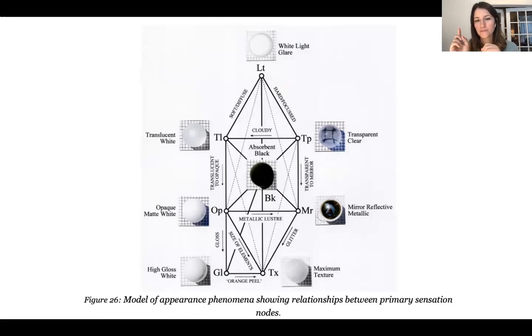And then transparency to cloudy, full opacity, like opaque white, matte white on the middle left, and on the middle right, mirror reflective. So this chart's kind of dense, but it talks about different reflective surfaces in relationship to different light, and then absorbent black in the middle, sort of the least impacted by a white light.